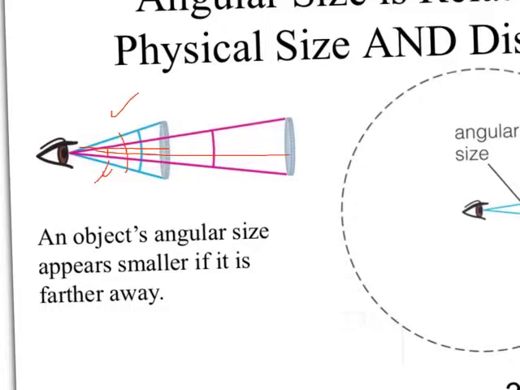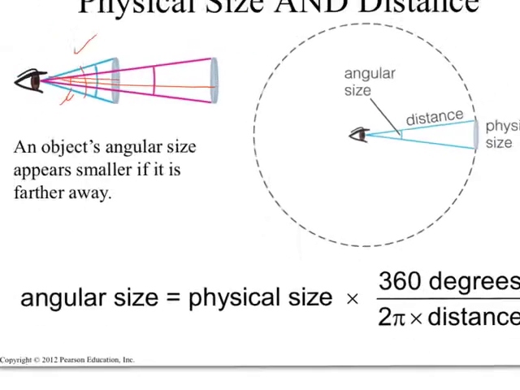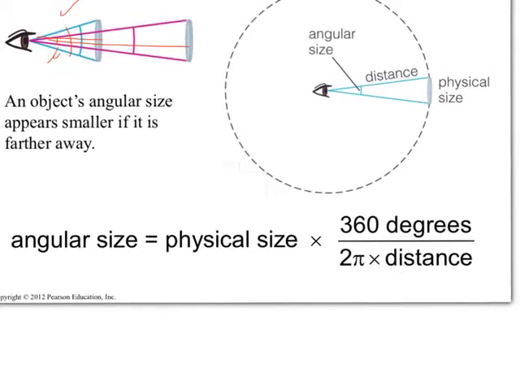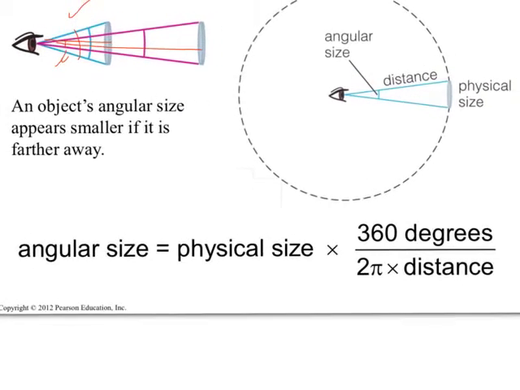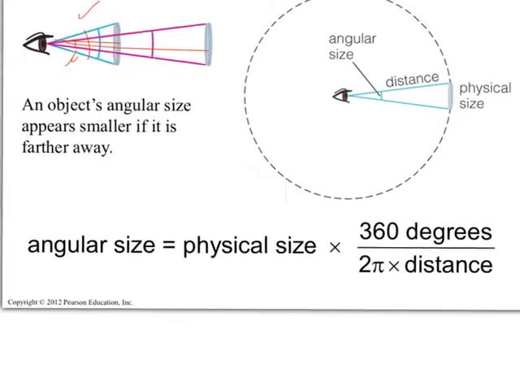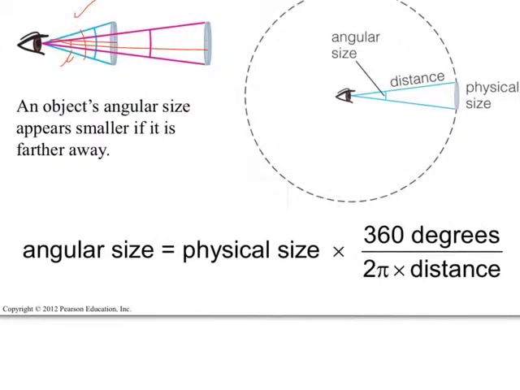So this is quite handy for objects that we really can't necessarily visit. If you're familiar with solving equations, you know that we have a relationship here with 3 quantities: the angular size of the object in the sky, how big it really is, and the distance to the object. If you know 2 of those things, you can get the third.